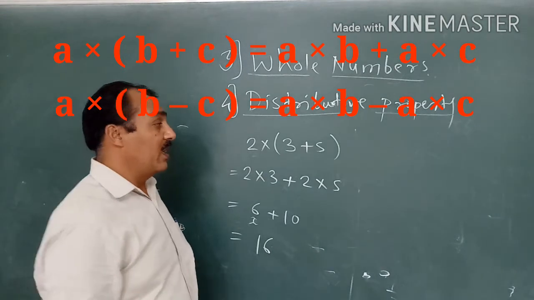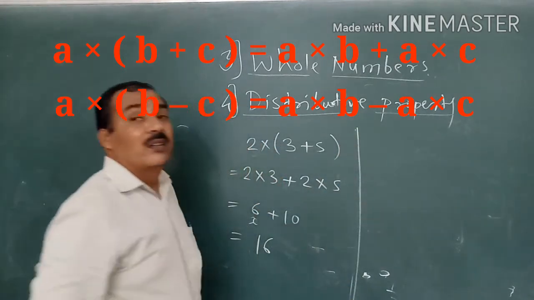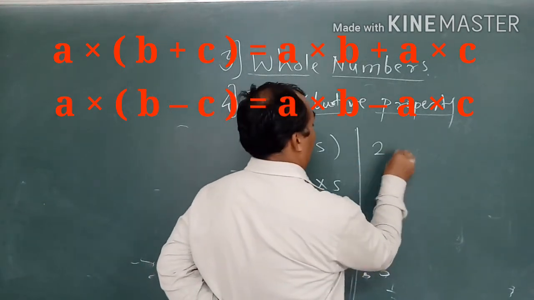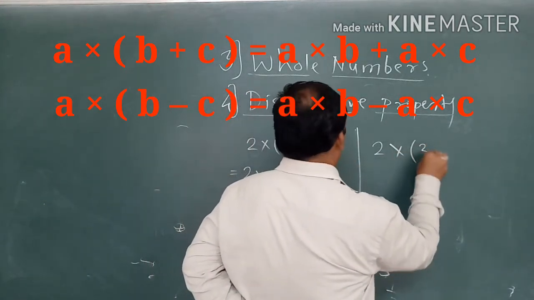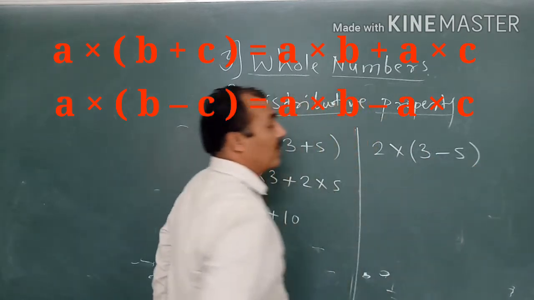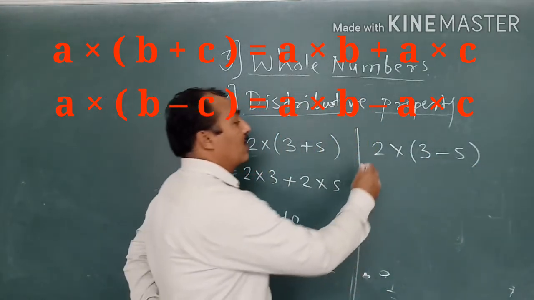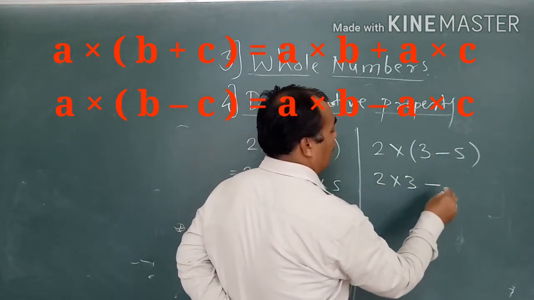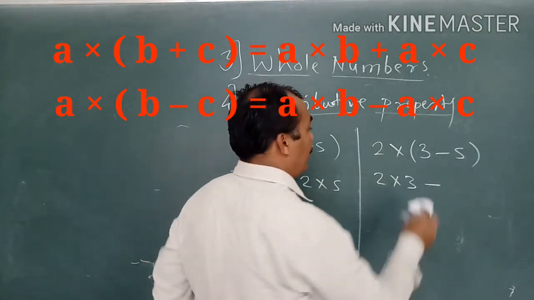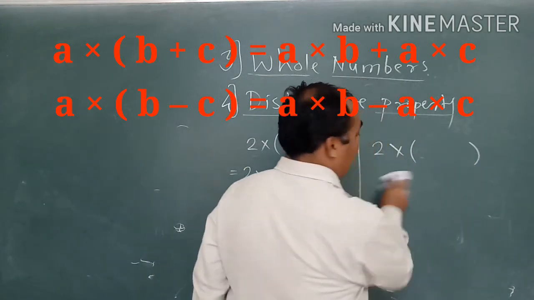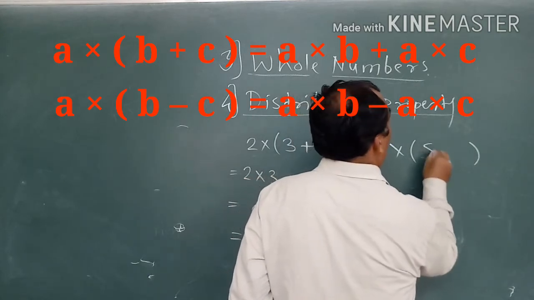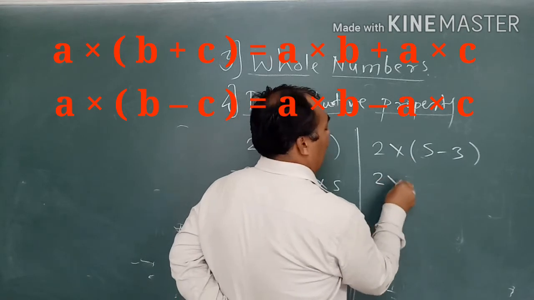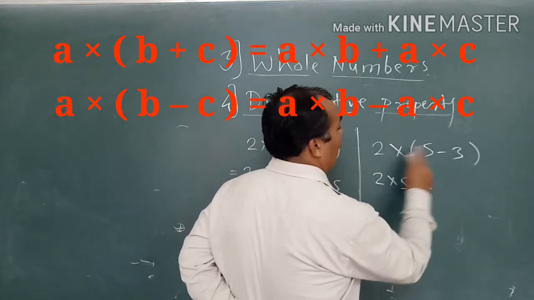In the same way, we can distribute subtraction also with the help of multiplication. Let us see, 2 multiplied by 5 minus 3. Now distribute this: 2 multiplied by 5 minus 2 multiplied by 3.